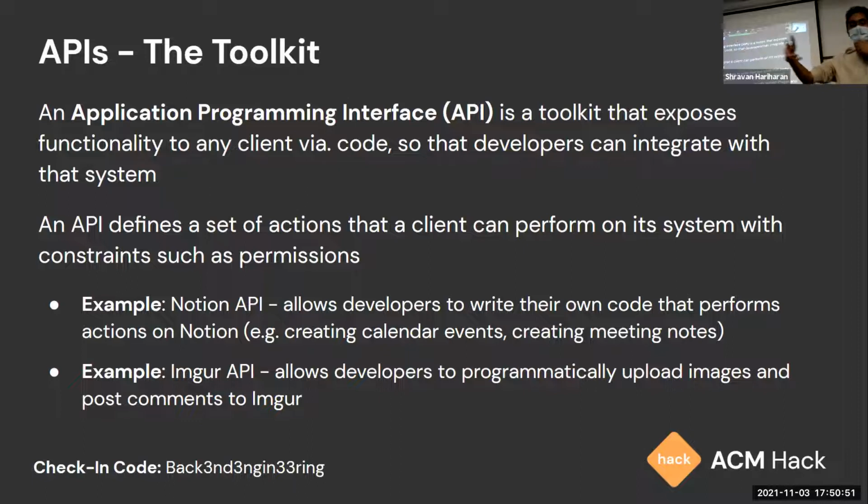Let's say you have your own calendar application that you're building and you want that to reflect something on Notion's calendar. Let's say other people on your app use Notion and you want it to update in 2 locations, then you can use Notion's API to create calendar events on Notion via code. Normally you would go onto Notion physically, click a couple buttons and create an event. But an API allows you to do that via code, which is pretty cool.